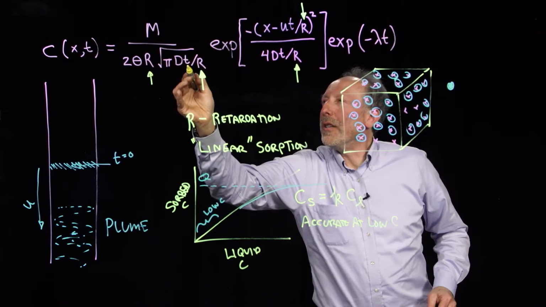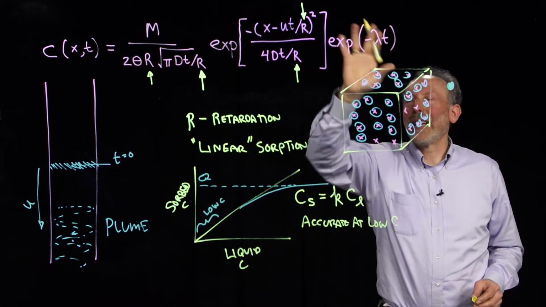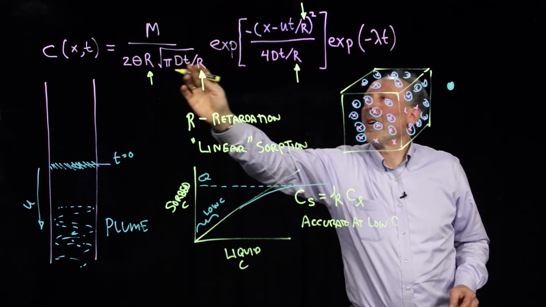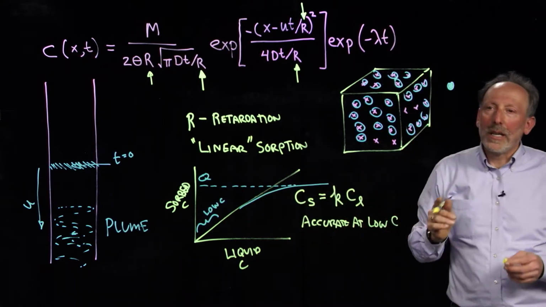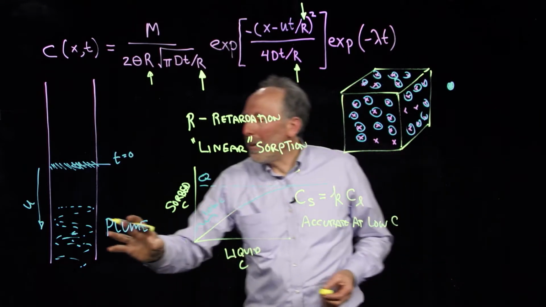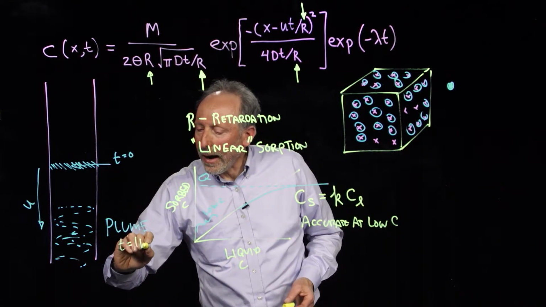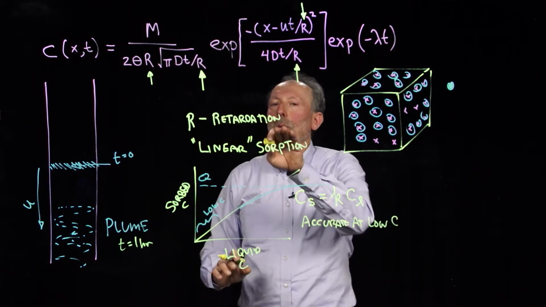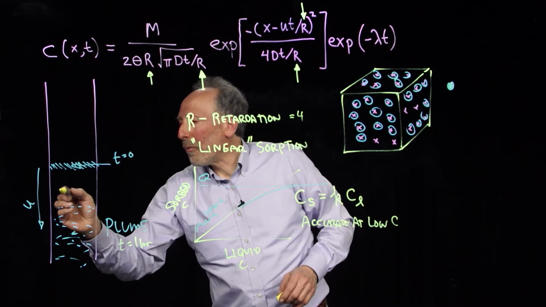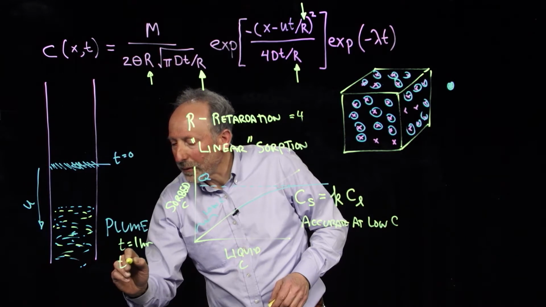the R universally is found with a T. Again, setting aside degradation for the moment, but in this part of the equation, it's always T over R, T over R, T over R. So all of the time is adjusted by the retardation factor, which means that for the plume, if with no retardation, the plume took T equals, let's say, 1 hour to get here, and if the retardation factor were equal to 4, then for the retarded plume to get to the exact same place would take T equals 4 hours.